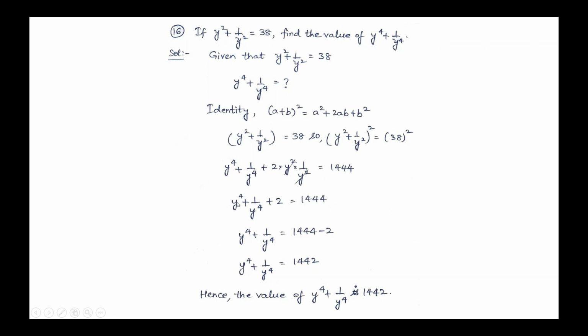So that's y⁴ + 1/y⁴ + 2, because we cancel out y² and 1/y². That is equal to 1,444. So y⁴ + 1/y⁴ is equal to 1,444 minus 2.